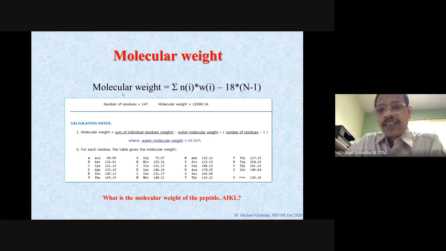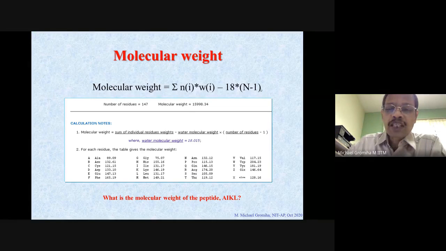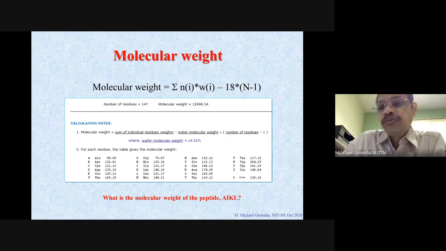Molecular weight is given as a summation of n_i times the weight of each amino acid, where n_i is the number of times each residue occurs in the sequence, multiplied by the weight of these amino acids. You have the weight of all the 20 amino acids here, minus 18 into (n minus 1). Why do you have to do this minus 18 into (n minus 1)? What is the meaning of this 18? The molecular weight of water.